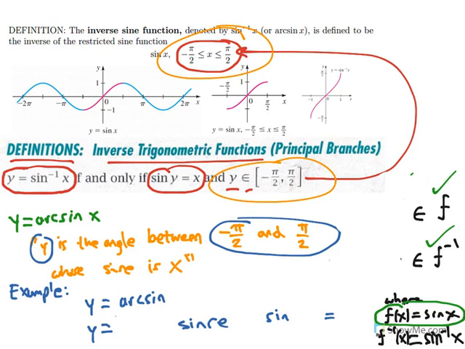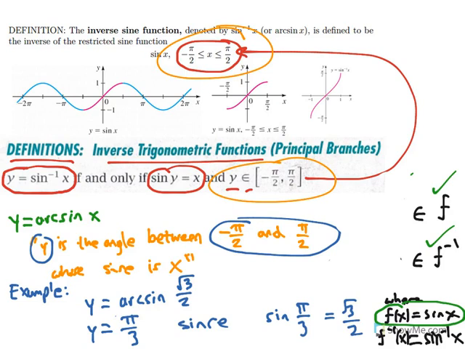Here's another one. y is equal to arcsine of square root of 3 over 2. So the question is, what is the angle between negative π/2 and positive π/2 whose sine is square root of 3 over 2? That angle is π/3, since sine of π/3 is equal to square root of 3 over 2.